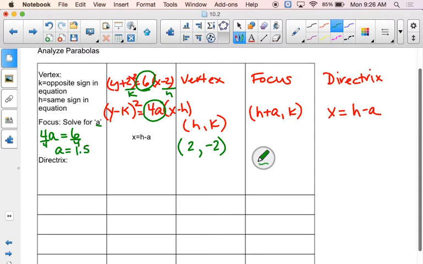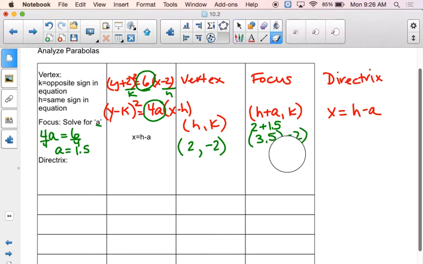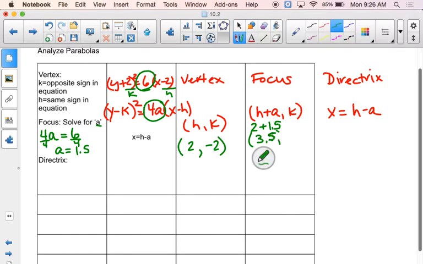So that means my focus is going to be h, which is 2, plus 1.5. And so my focus is at the point 3.5, negative 2. Oops, I don't know why I just put an extra parenthesis in there for you. All right, 3.5, negative 2.